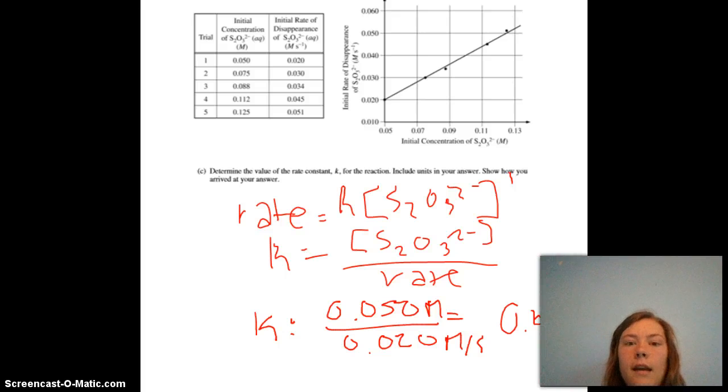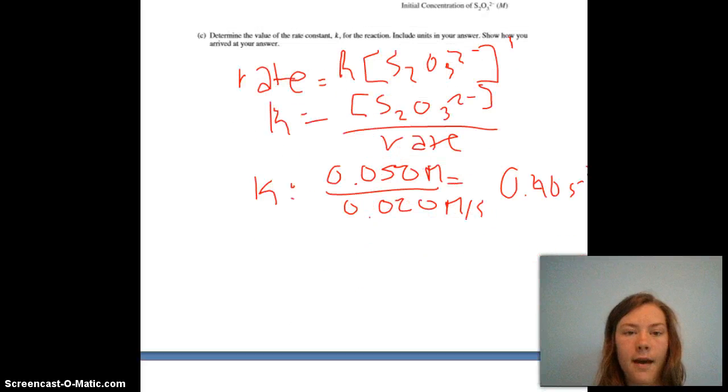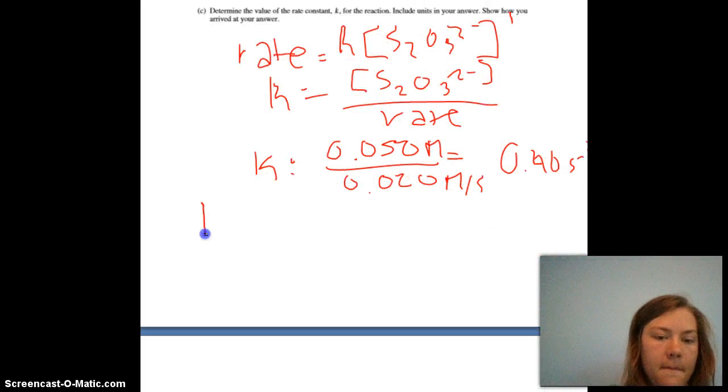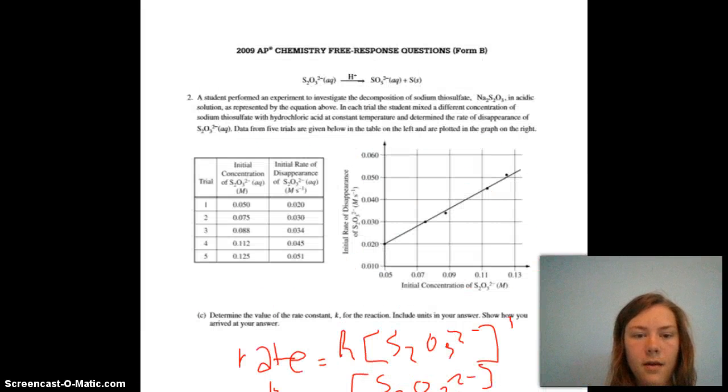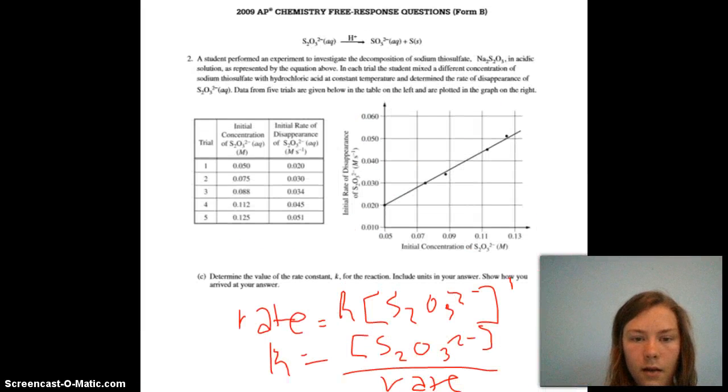Otherwise, there is another way to solve this problem as well. You can find the slope of the line. So rate is really just the change in distance over the change in time. So we could just set it up as K equals the change in distance over the change in time.